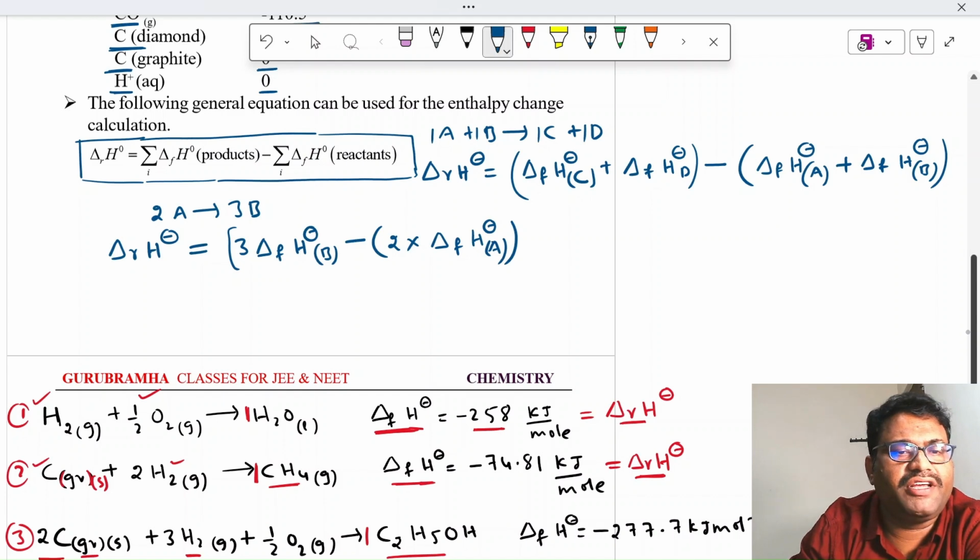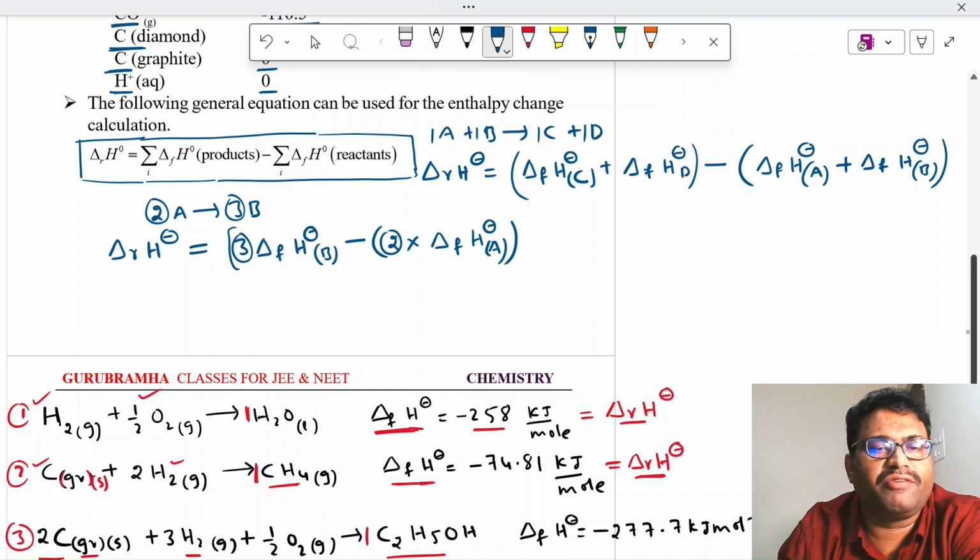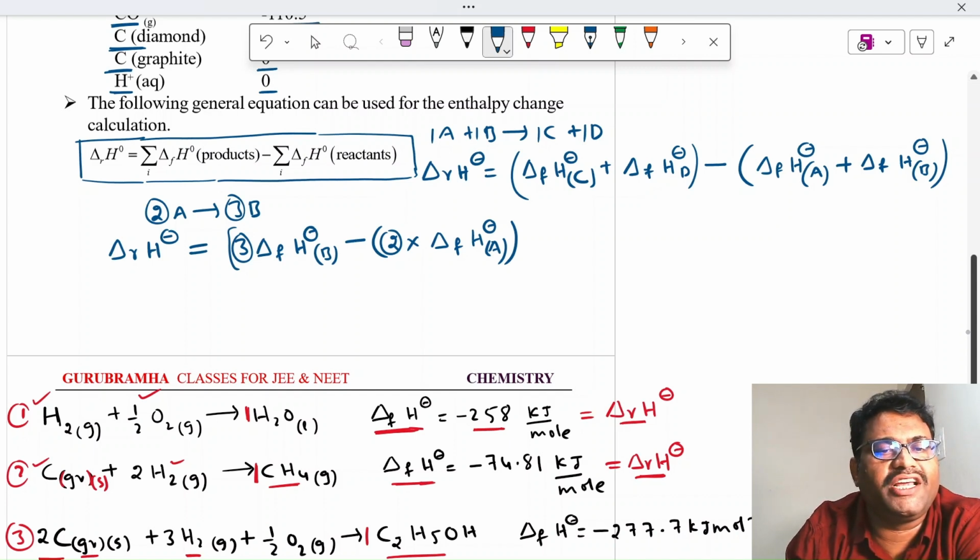Here what we have done is multiplied with the number of moles, because enthalpy is calculated for 1 mole. So when the number of moles is given, we multiply with that number of moles so that we get the total enthalpy of formation. This is for 1 mole, 3 moles are there, 3 into 1 mole. This is for 1 mole, 2 moles are there, 2 into 1 mole. So if there are a number of moles, that means based on the stoichiometric coefficients present in the given balanced equation, we need to multiply with those coefficients.